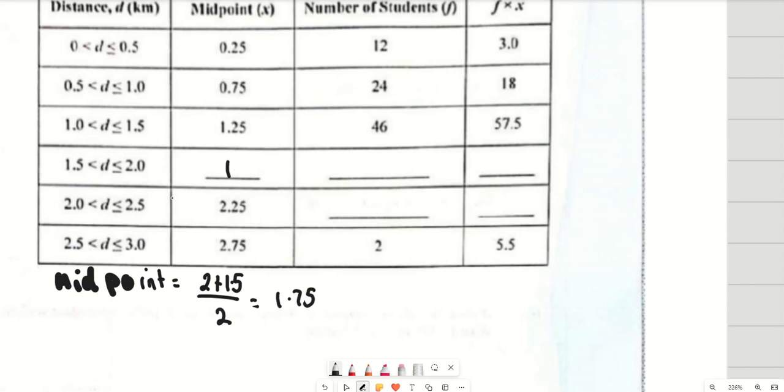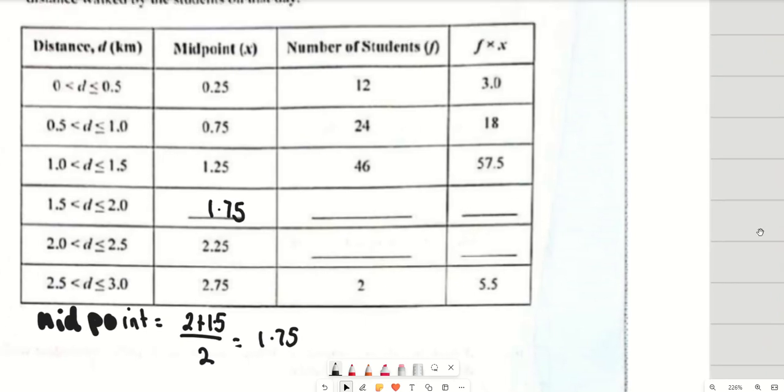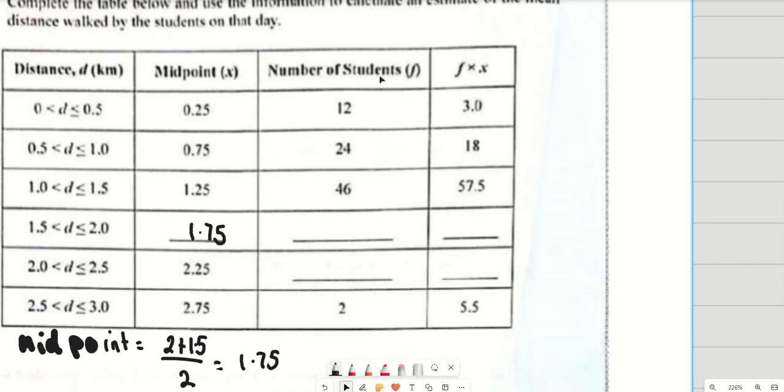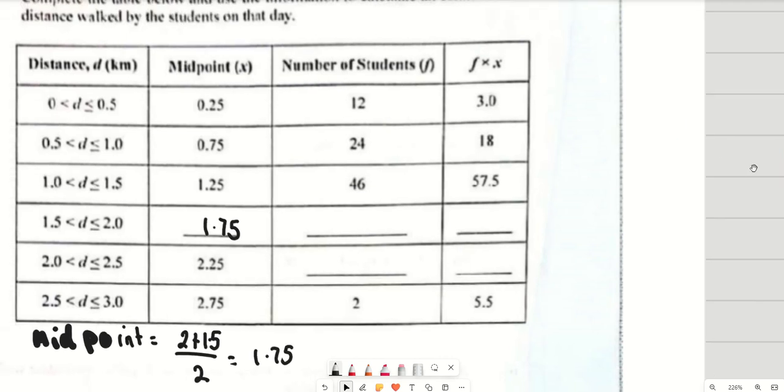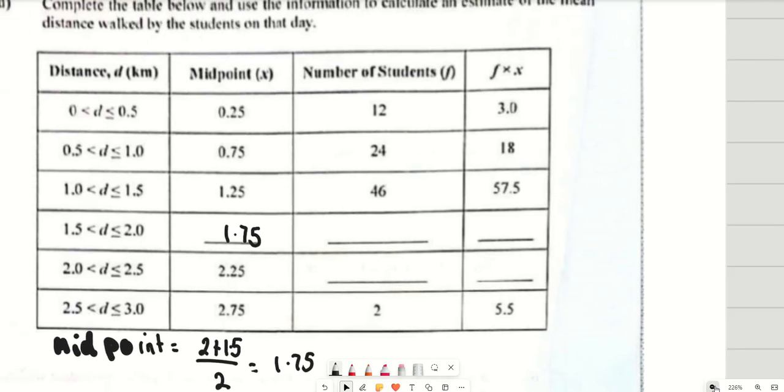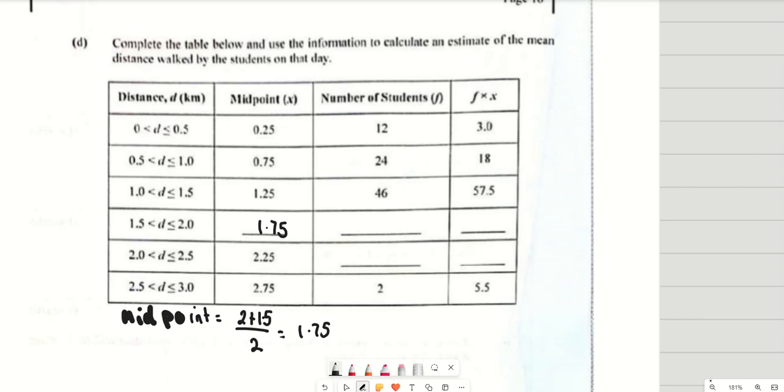So this would be your midpoint, 1.75. Right? Then they want this here. Now, to find the number of students, which is F, there's a few things that you need to do before you start. You need to find the F, and then you need to find the upper class.